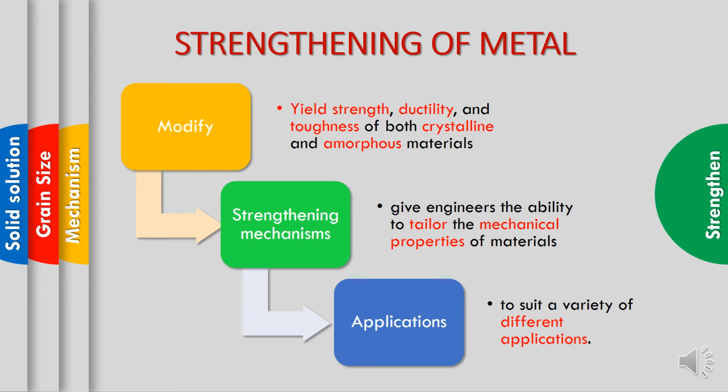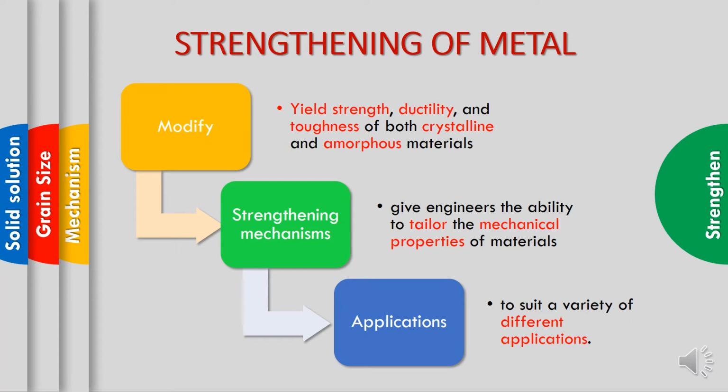In order to strengthen the metal, we will need to have information on yield strength, ductility, and toughness of both crystalline and amorphous materials. These help the engineer to modify the metal for the application.